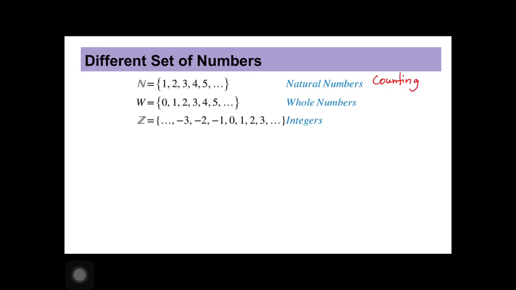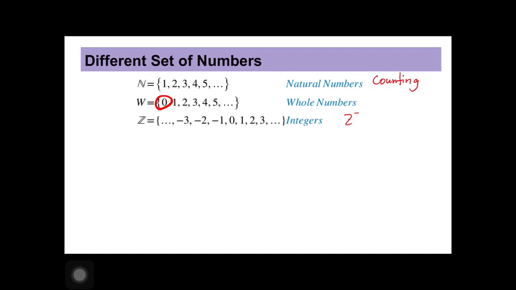Next is the whole numbers. So whole numbers, we will start with 0. Next, for integers, we have negative infinity to positive infinity. So we have here negative 3, negative 2, negative 1, 0, 1, and so on. Those are integers. If we have negative integers, you will denote this as Z minus.